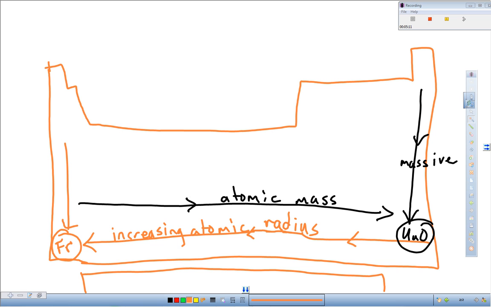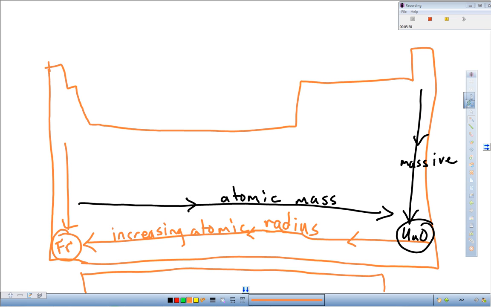And what was one of the other trends? You had two other trends. Do you remember them? Anyone remember them? Electronegativity and ionization energy. Let's talk about ionization energy. That's the energy it takes to make an ion or remove an electron. Who is perfect and does not want to lose electrons? Noble gases.